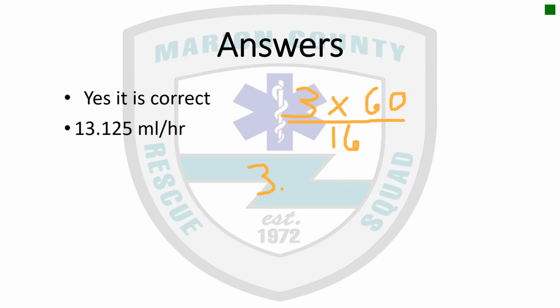So we take our 3.5, which is our dose, multiply it by 60, put that over top of our concentration, which is 16, and the math works out to 13.125 milliliters an hour.